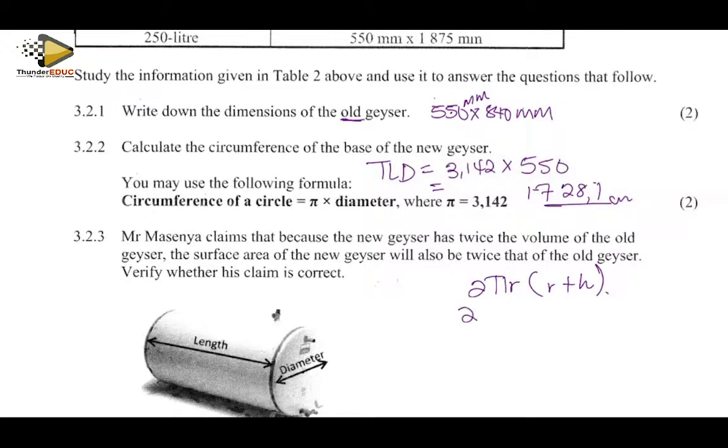It becomes 2 times 3.142. So the radius of the old is 275 millimeters.